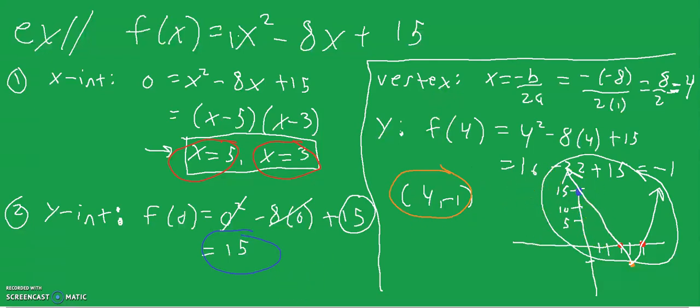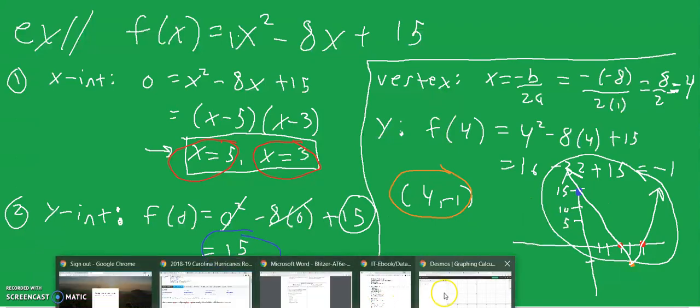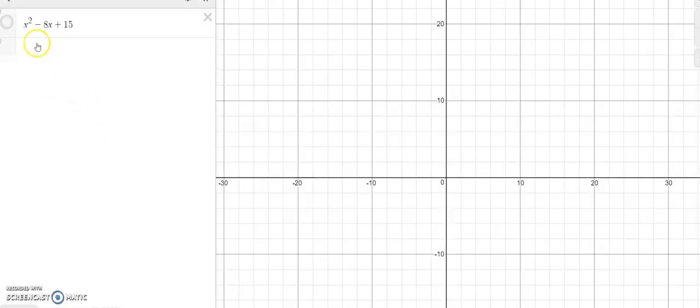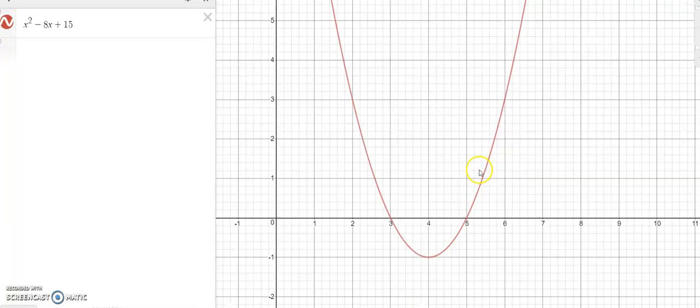So what we do is we go to our good friend Desmos. I've typed in the equation x squared minus 8x plus 15. I click this little button right here, and it pops up the graph for me, and it looks really good. Right? If I zoom in a little bit, I have my x-intercepts at 5, 0 and 3, 0.